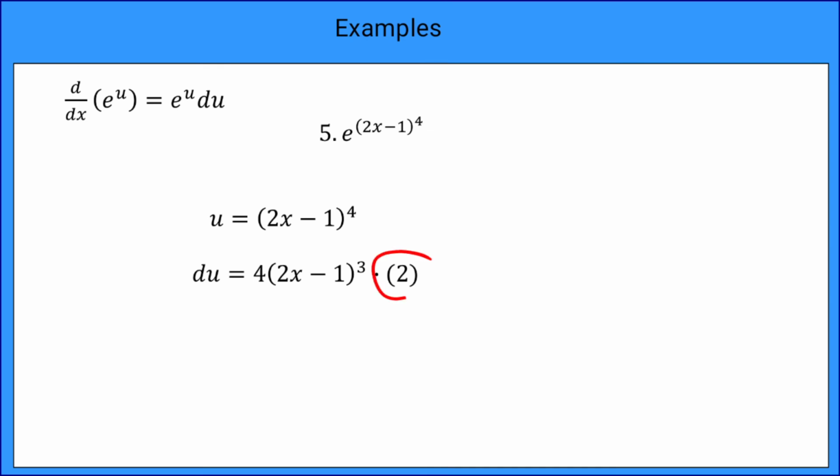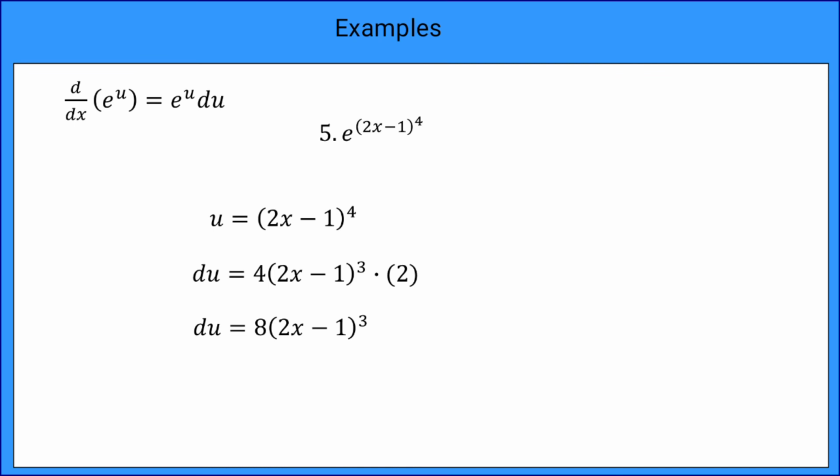And why do we have the constant 2 here? Because we also get the derivative of the inside of the parentheses, like a chain rule. We use the chain rule here. And then just multiply 4 times 2, we have 8 times quantity 2x minus 1 cubed.